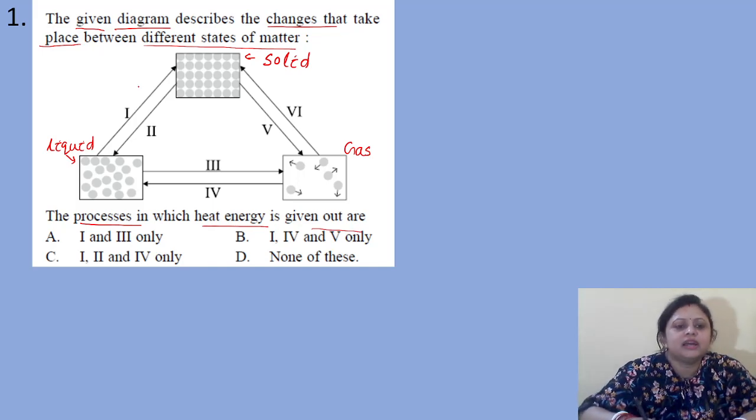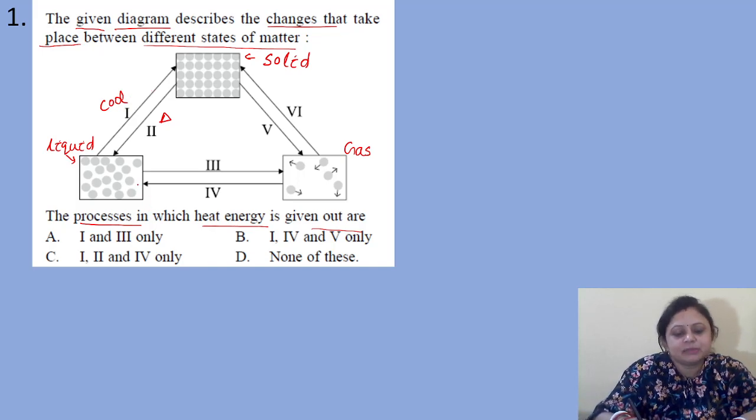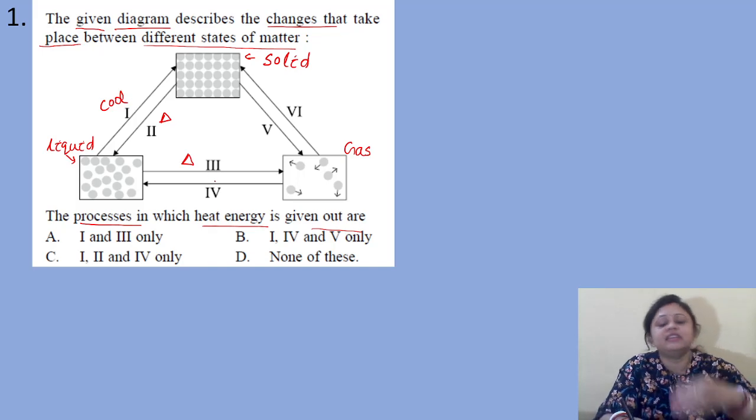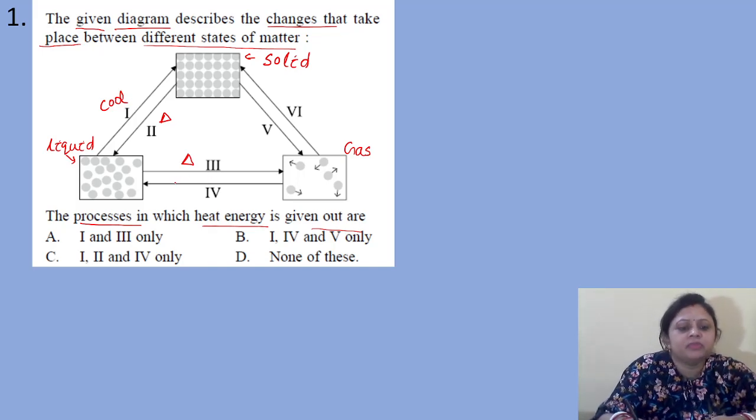We know that when we give heat, solid is converted to liquid. When we cool, liquid is converted to solid. Similarly, this delta represents the heat given, and when we cool, gas is converted to liquid.